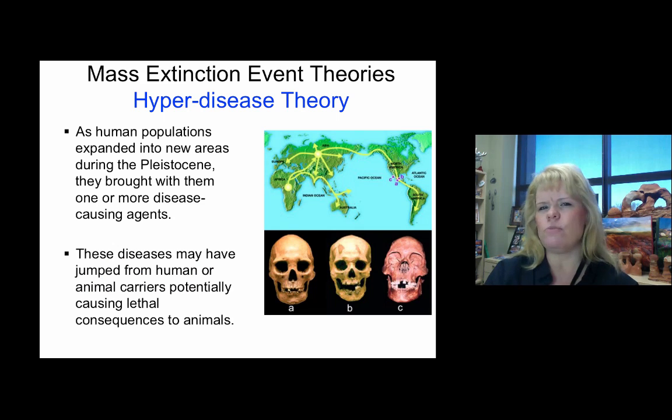There are 3 major primary thoughts as to why this happened, and I'm not going to say that any one of them is completely responsible. My thought is the combination probably did the job. Before you laugh at the hyper disease theory, there's actually some merit to this one.